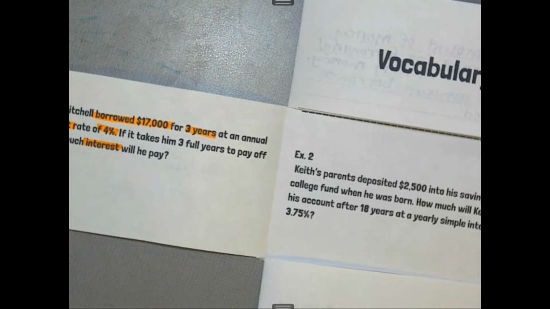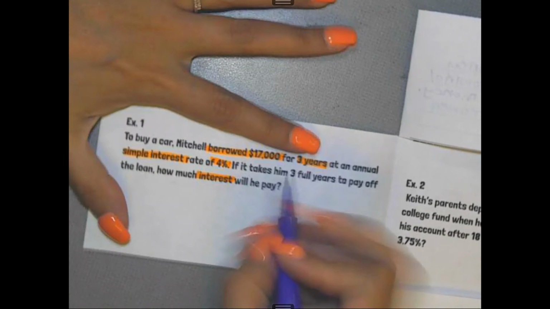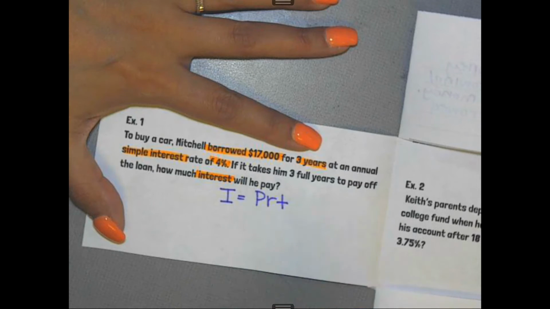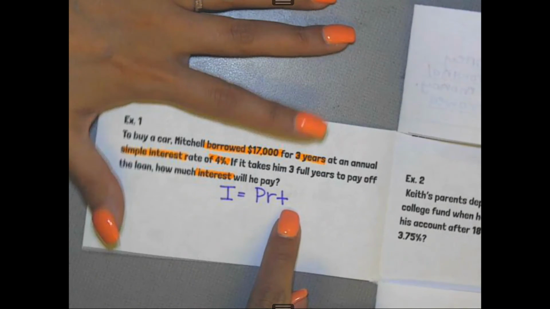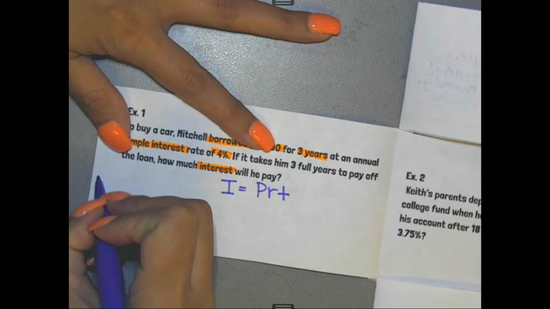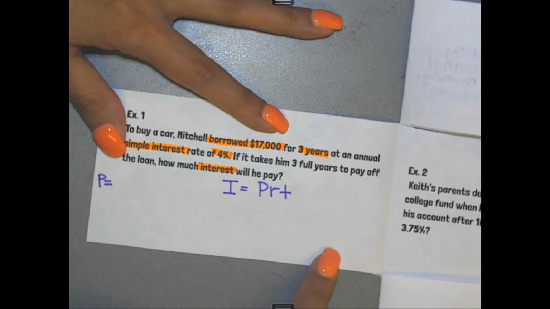So your formula chart does have the formula for interest on it. And it is I equals PRT. All those letters are touching, so that means that they're going to be multiplying together. So let's remember that P means principal. That's the initial amount of money.